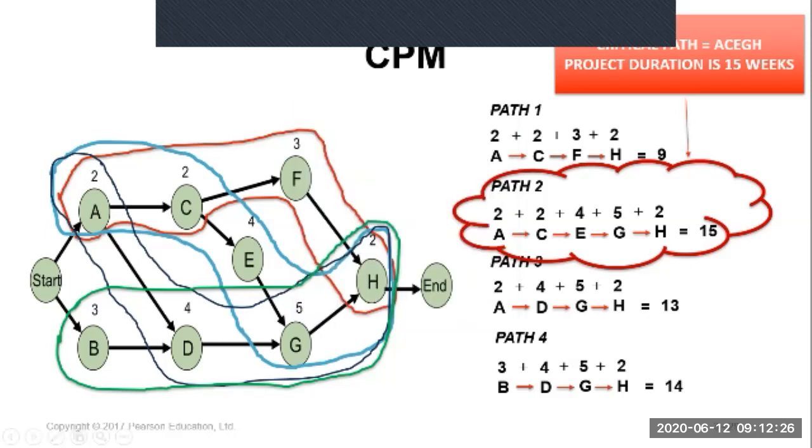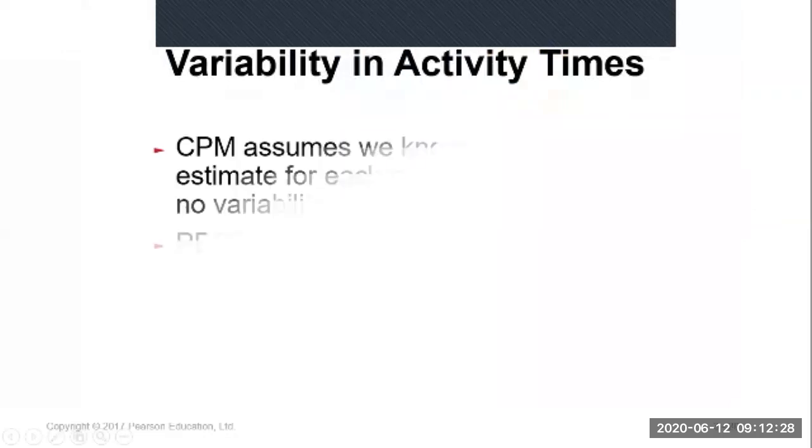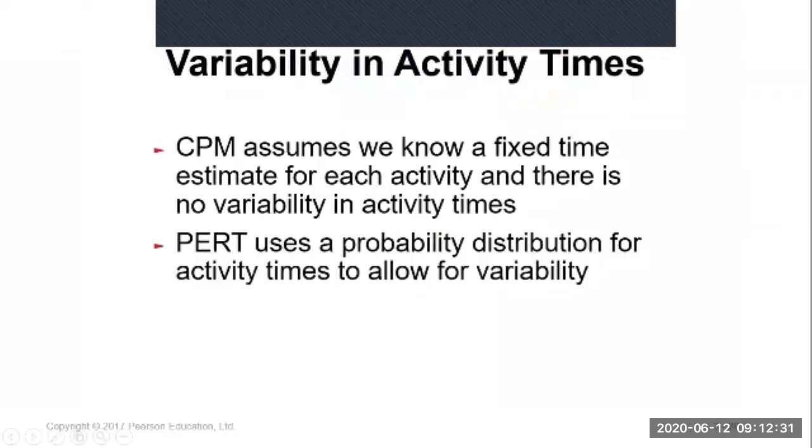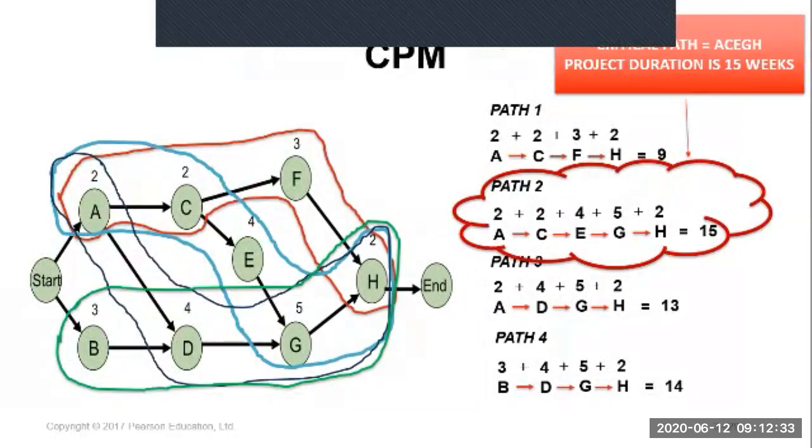So that is for CPM. Right, go back. In the CPM, we can see that the activity duration for each activity is the exact duration. For A is 2 weeks, C is 2 weeks.